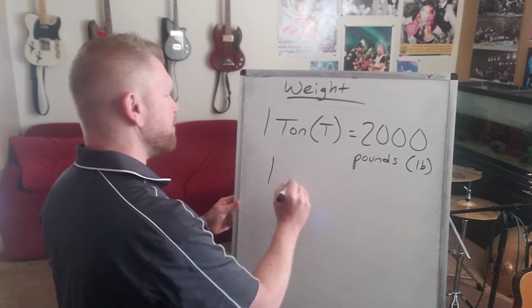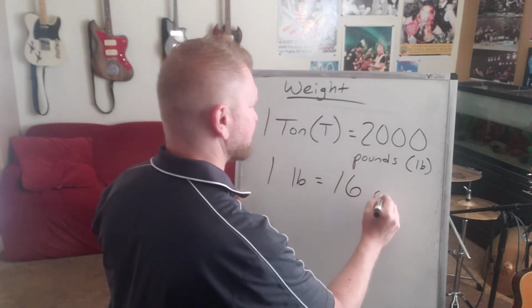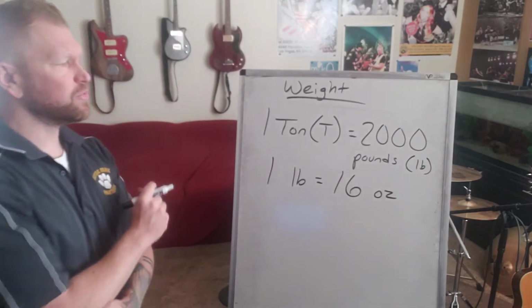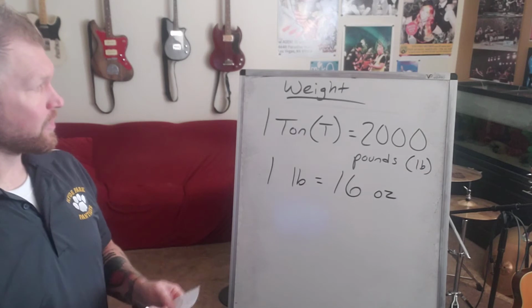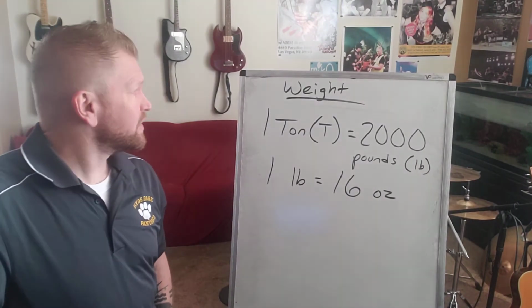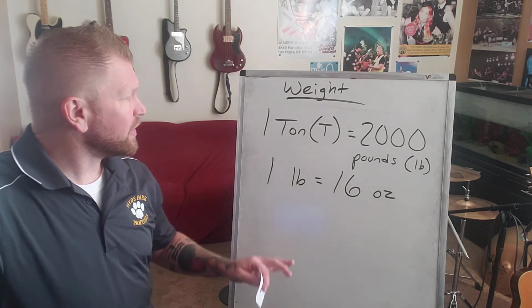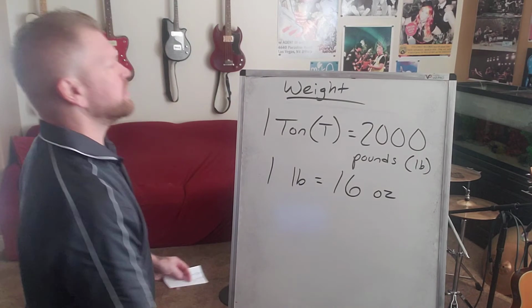If you've got 1 pound, that is 16 ounces. Remember, ounces is OZ. And that's pretty much all you've got to know for weight in the customary units. So if you need to pause the video to copy that down, pause it. I'm going to give you some more units to write down.